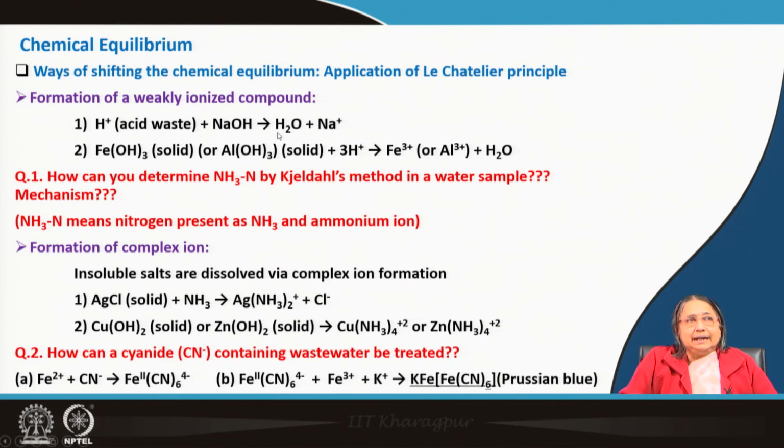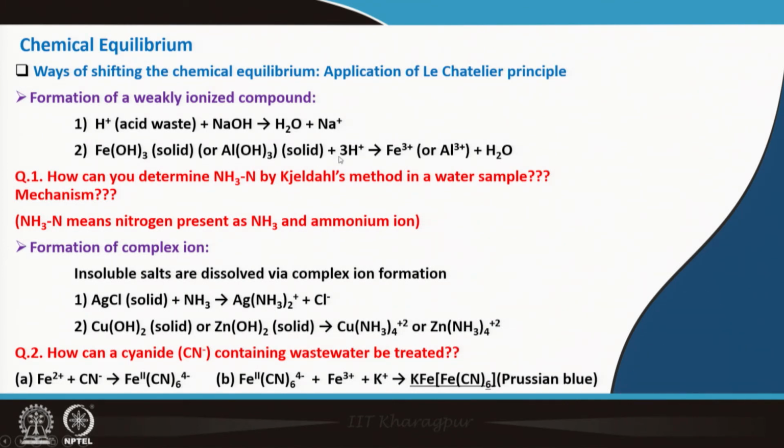And for titration, we always know that the reaction should be complete. Otherwise, we cannot use the titration for determining something. And there is another example. Say, for example, if you take ferric hydroxide, it is a very insoluble substance, or aluminum hydroxide, both are very insoluble substances.